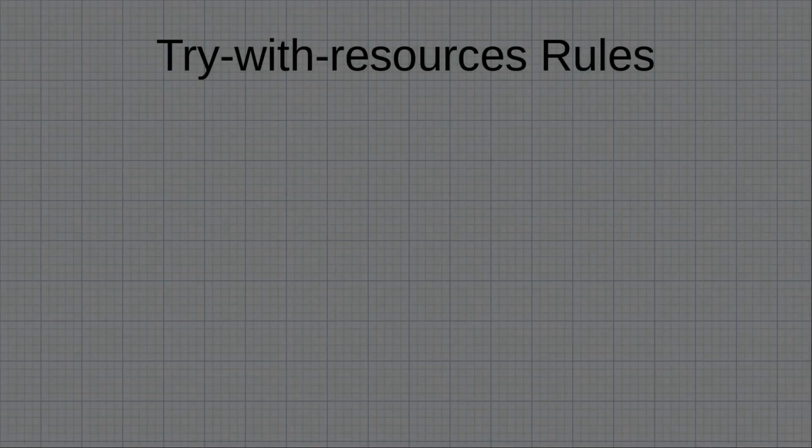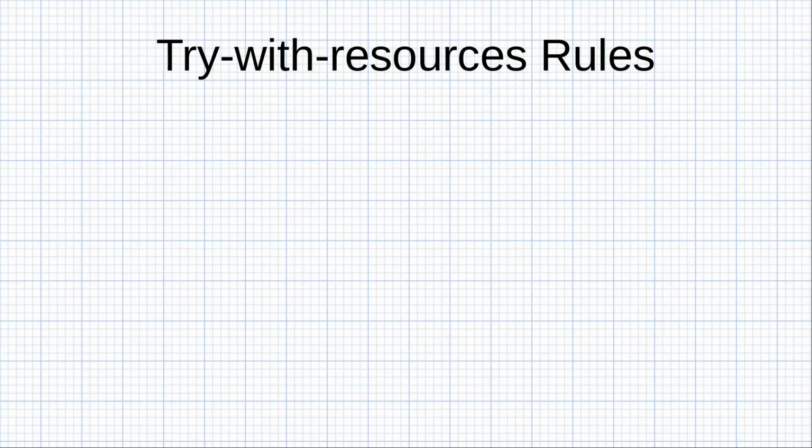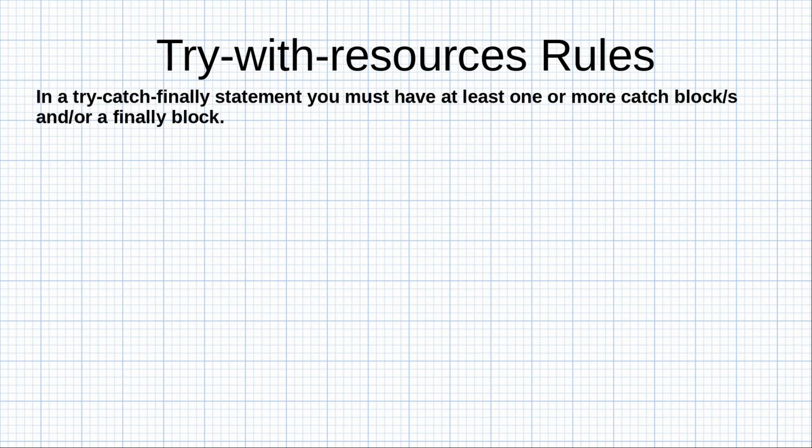Let's recap the rules we've dealt with in the try with resources statement. In a try catch finally statement, you must have at least one or more catch blocks and or a finally block. It means that you could have a catch block or a finally block or both.